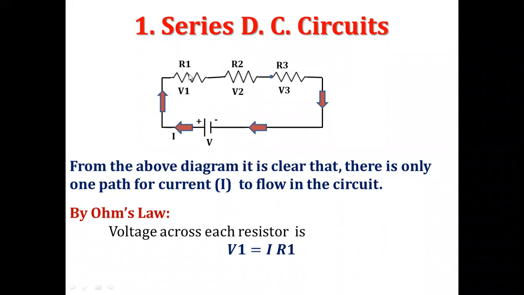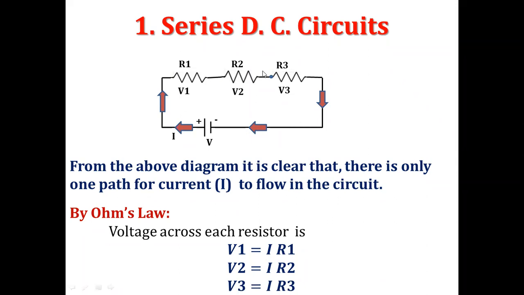What is the R here now? R1. So this voltage drop across this one we will consider as V1 equal to IR1, we can write down. Next, similarly, V2 equal to IR2, right? Similarly, V3 equal to IR3, we can write down here.